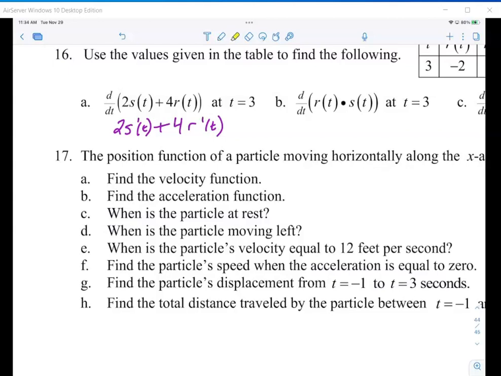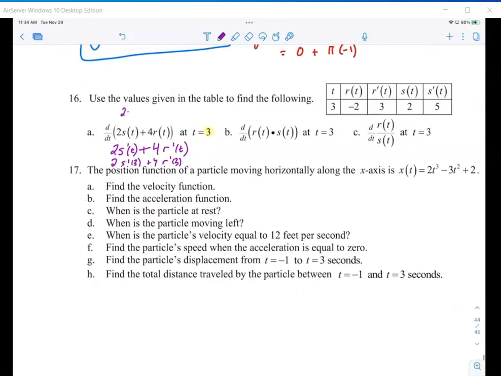Well, since I'm evaluating now at t equals 3, I'm going to do 2 times s prime of 3 plus 4 times r prime of 3. Let me go up here. S prime of 3 is 5, and then r prime of 3 is 3. So I end up getting 10 plus 12, which is 22. Okay? All right, that's how we do that one.